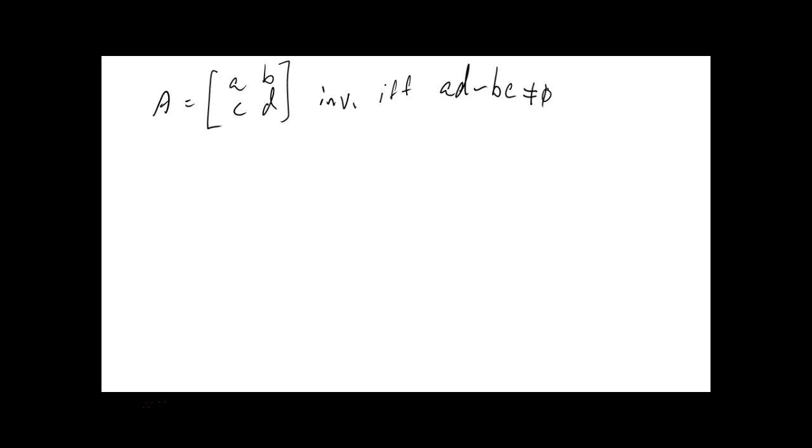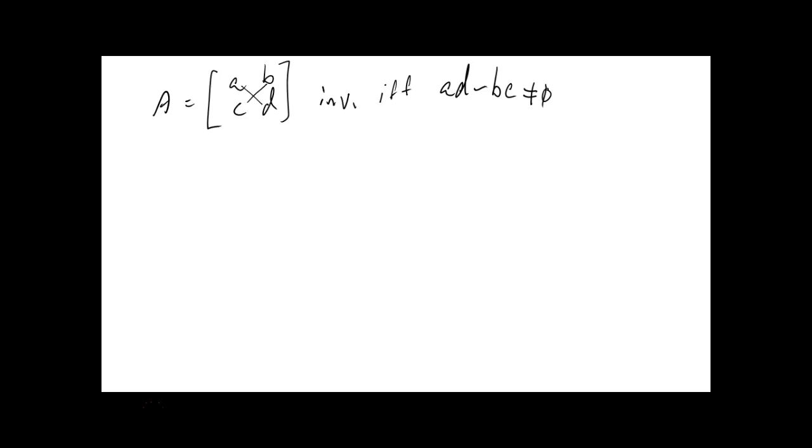If it's not 0, then the inverse is given by, so the first thing you do is do that. And this is called, later, in the next chapter we're going to be doing this, finding the determinant. It's the product of the main diagonal minus the product of the minor diagonal. That is the determinant of this matrix.